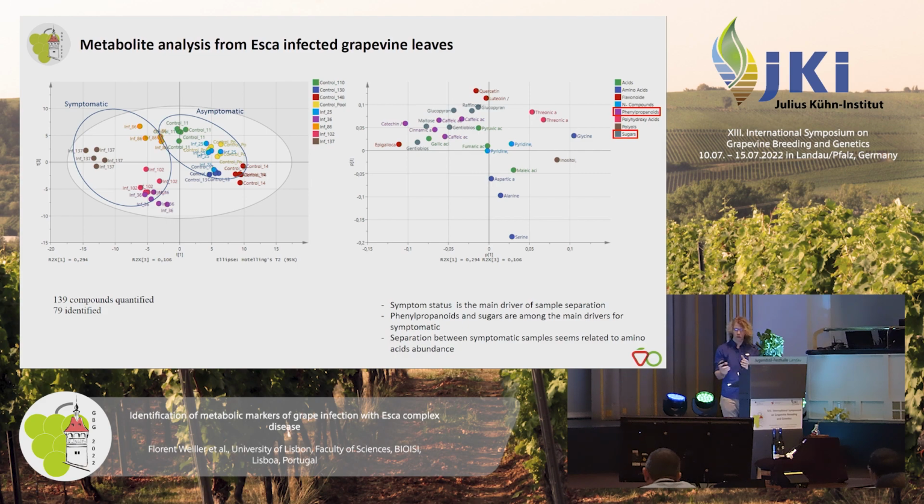The separation seemed to be driven mostly by the phenylpropanoids and the sugars. In that case, once again, the second dimension seems to separate different infected samples, and was mostly driven on one side by the amino acids, and on the other by some flavonoids.